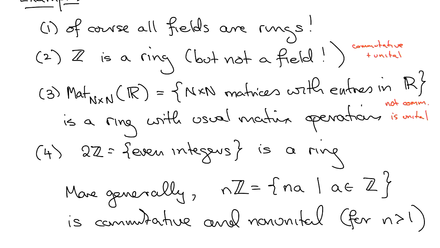That's going to be important. Multiply two even integers together, you get an even integer. So it's closed under all of that stuff. So this is a ring, but notice this time it's not a unital ring because 1 is not in there. Okay, so this one is commutative, but not unital.